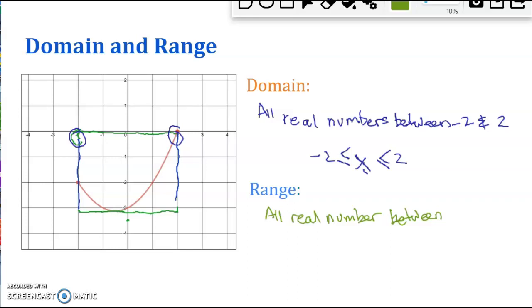I would say -3.2 and 0. So how do I represent this? It will be -3.2, and the bigger number is 0. We're dealing with the range, so we need to write y, not x. The alligator mouth is going to be opening to the right. Okay, so that will be the range.